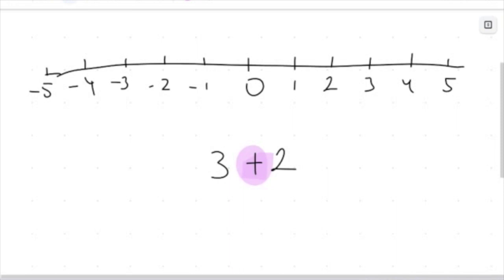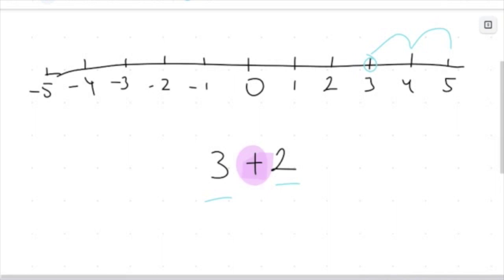So I'm taking my number 3 and I'm adding 2 to it, so I'm going 1, 2 numbers more than it. That's the essence of adding. Our number gets bigger. So when I add two numbers, I get a bigger number as a result.